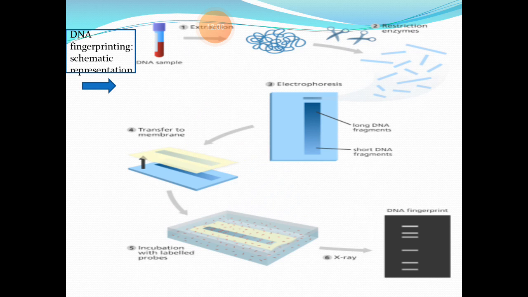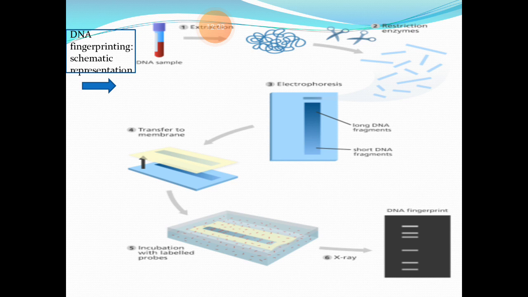Then this DNA is subjected to the action of restriction endonucleases or restriction enzymes. As a result, where all the target sequences are present, there the DNA is cut, and you will get a number of DNA fragments.